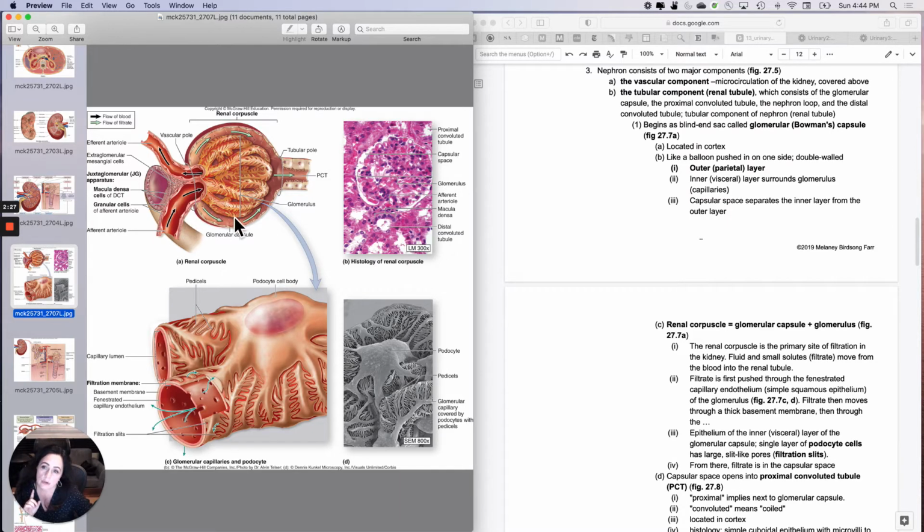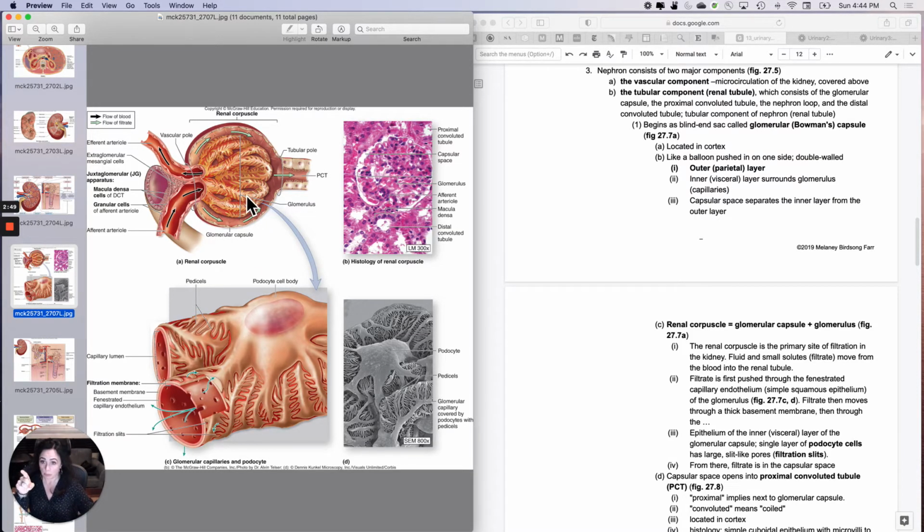That's why this structure right here doesn't actually look like simple squamous epithelium, because it is, but it's got a glove on, and the glove is the inner or visceral layer of the glomerular capsule, and then I have a space, and then I have the parietal layer of the glomerular capsule.